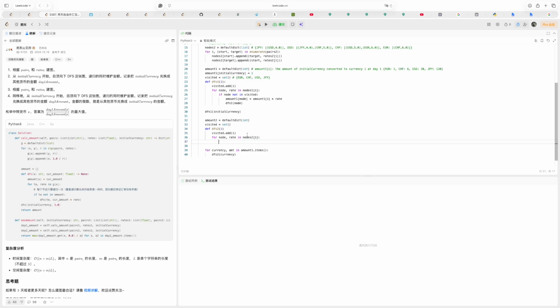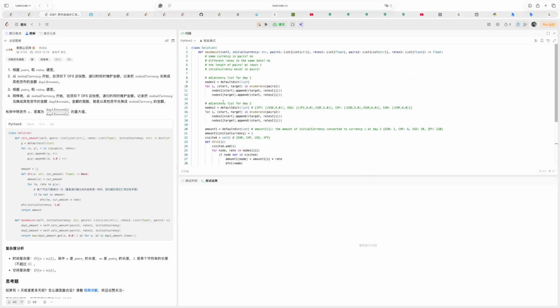And the first thing that I found out is that I checked the solution and I've seen the rates should be like this.